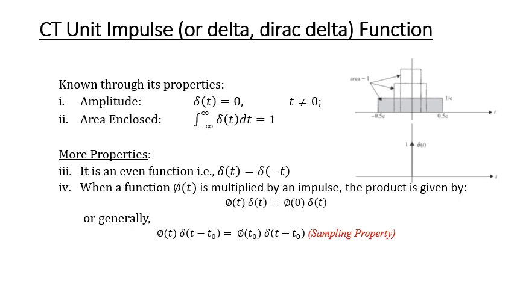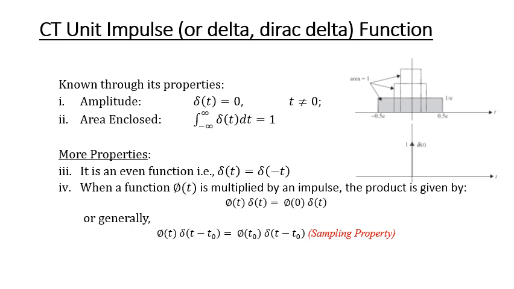So this was about the step function in discrete time. Now we are going to discuss the impulse function in the continuous time case, and then the relationship between the continuous time impulse and the continuous time step function, right?